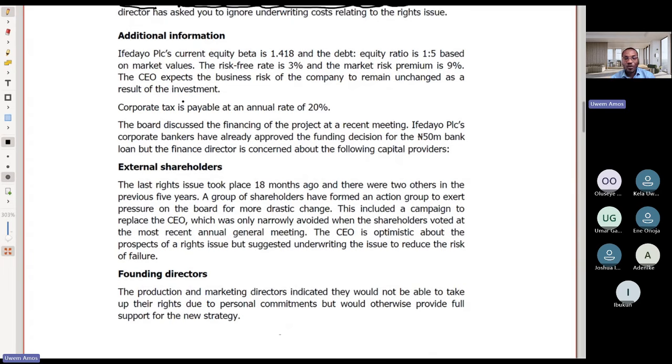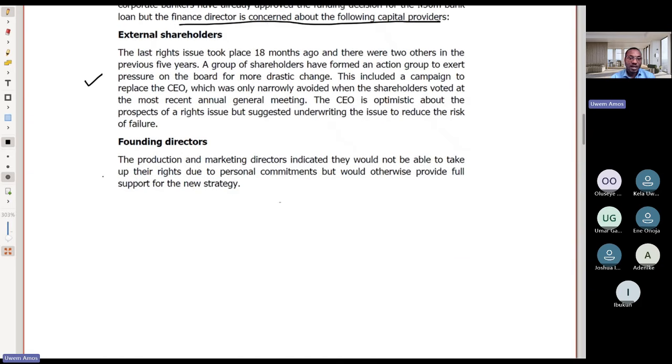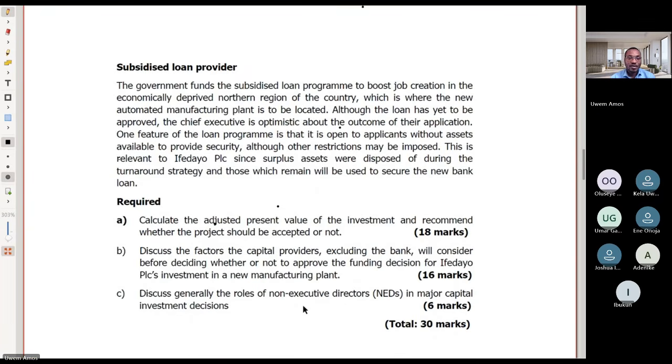The finance director is concerned about the following capital providers. So you're going to be looking at this, because those are the details on the capital providers. So those are your B part.